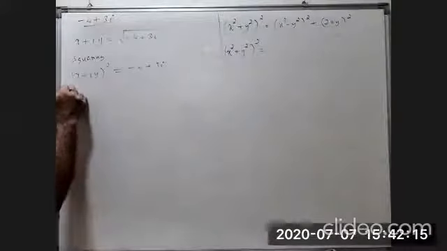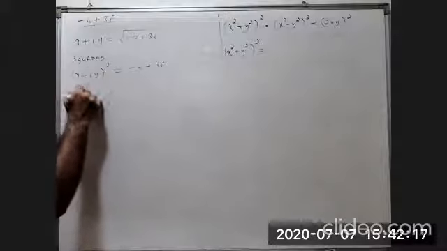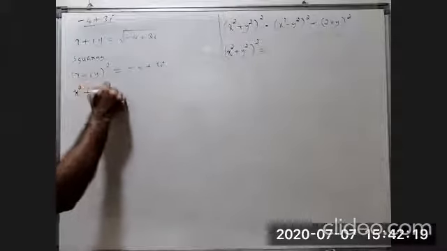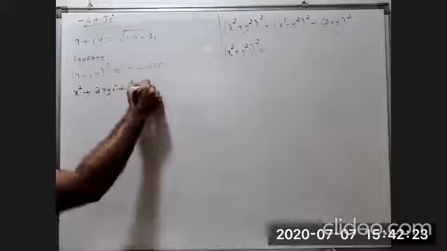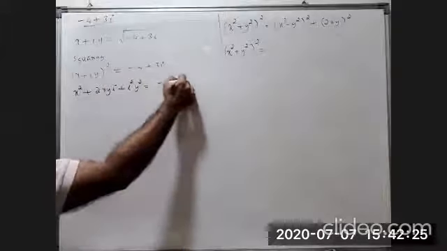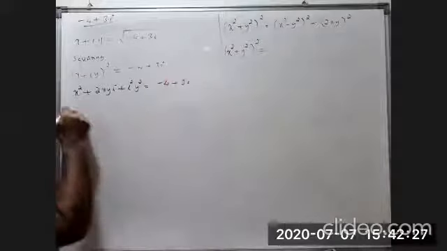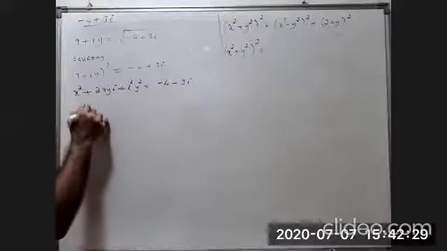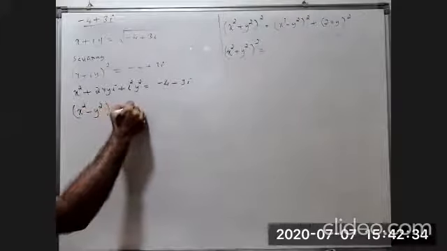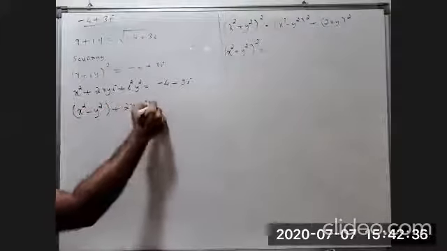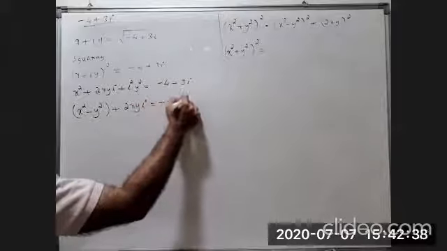This will be x square plus 2xyi plus i square y square is equal to minus 4 plus 3i. This is x square minus y square always, plus 2xyi is equal to minus 4 plus 3i.